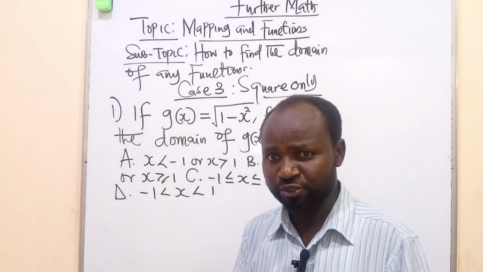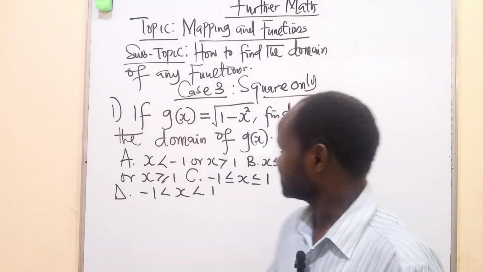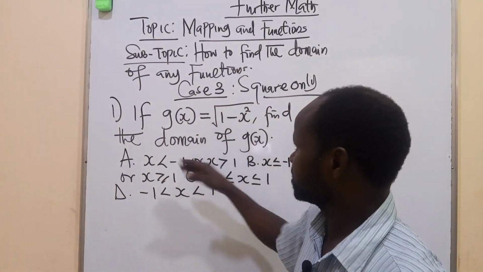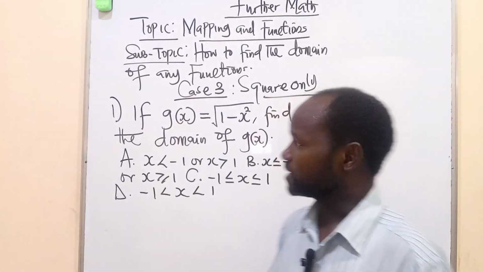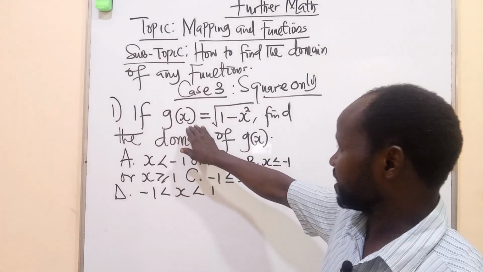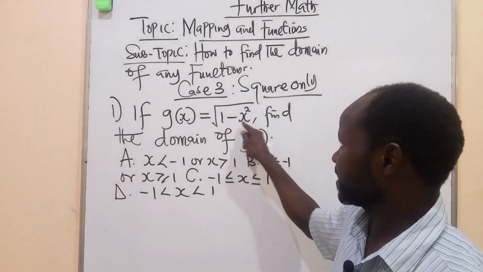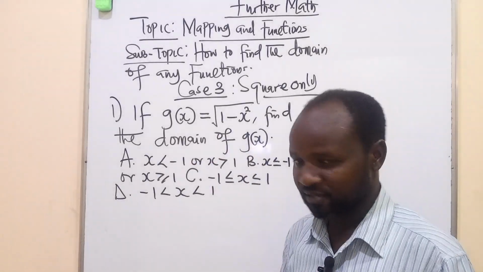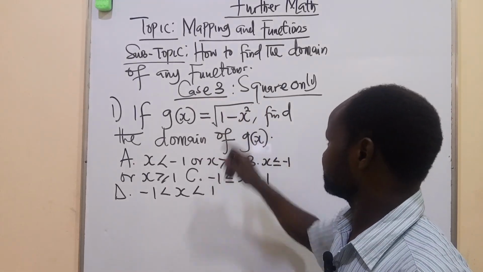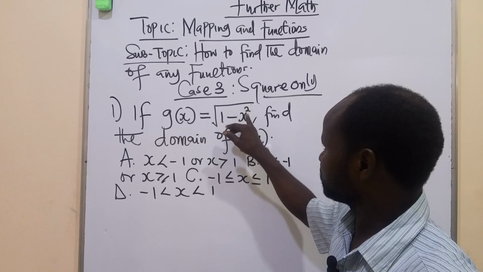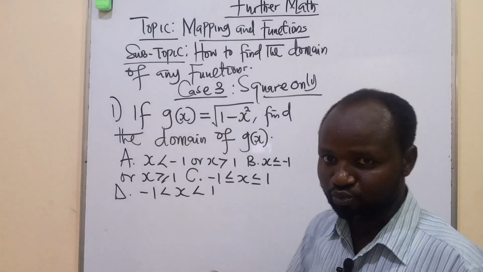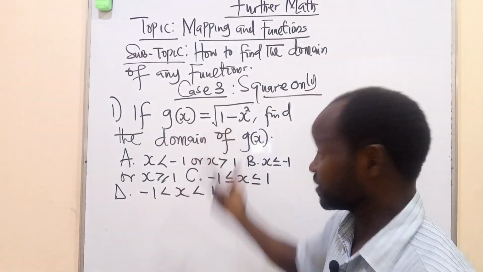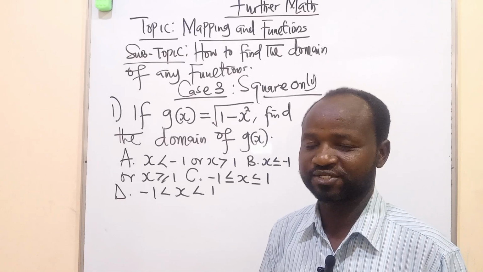When you have a function that has a radical sign, that is square root, like what we have on the board, if g of x is equal to root 1 minus x squared, we are asked to find the domain of g of x. So we have a radical here. Anytime you have this kind of function, how do we find the domain? That's what we're about to look at in today's presentation.